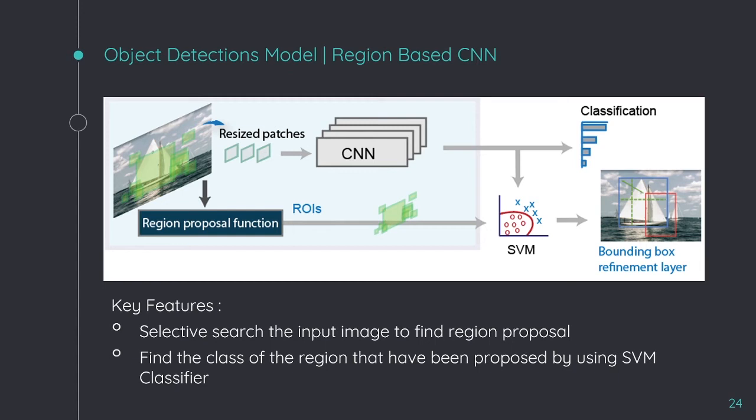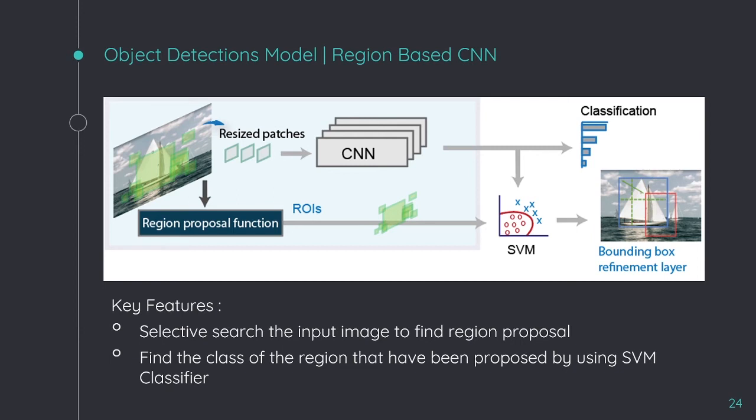This is one of the two-stage detector architecture types that can be used for object detection. The process in this model is to find the regions which contain an object in the image, and then forward the regions into the CNN model for prediction.